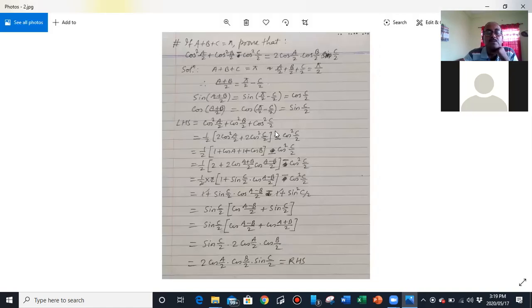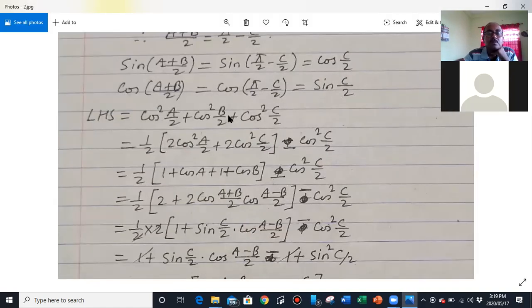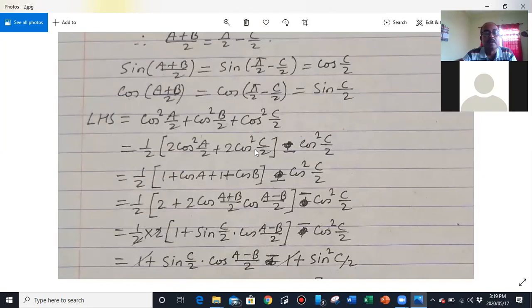Take it as minus. From here I have corrected. Here I forgot. 1 by 2, 2 cos square a by 2 plus 2 cos square b by 2 minus cos square c by 2. From the beginning it is minus.